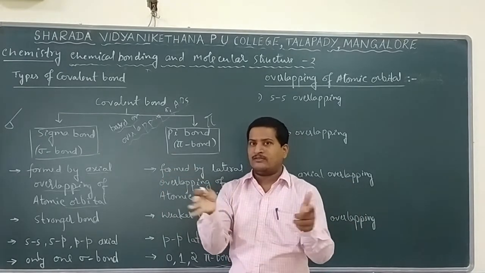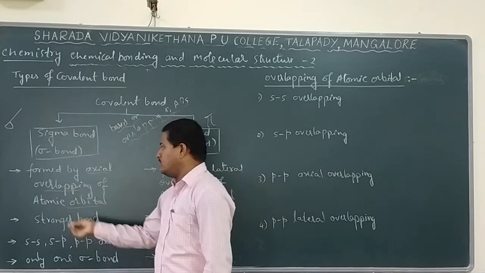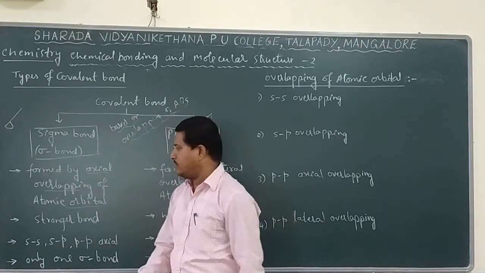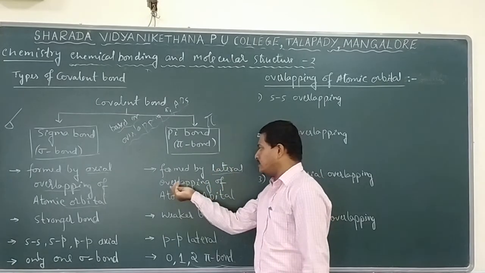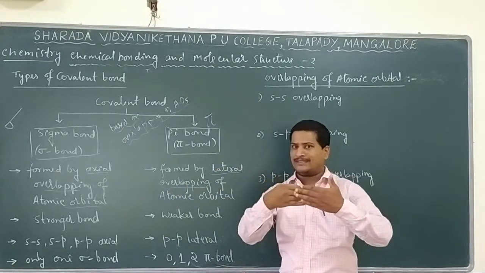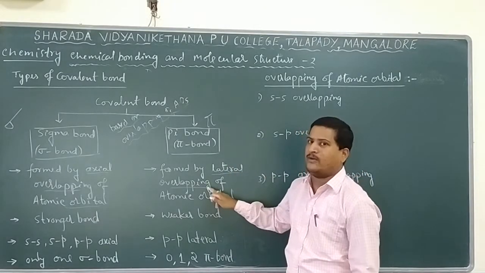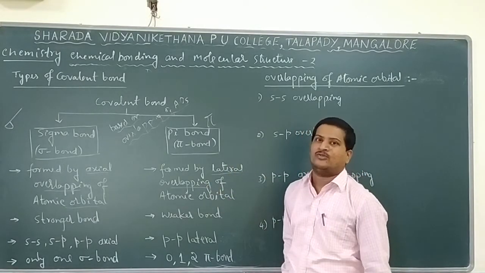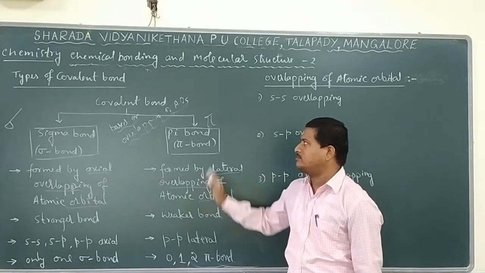That means the axis of overlap must be the same. That is called axial overlap. It is observed in sigma bond. Okay. And in case of a pi bond, lateral overlapping is observed. Not along the axis, in between the axes, lateral overlap takes place. And we will see how lateral as well as axial overlap take place. So lateral overlapping of atomic orbitals makes a pi bond.